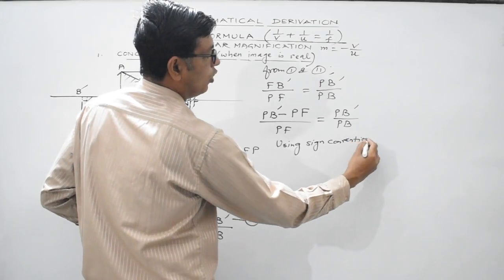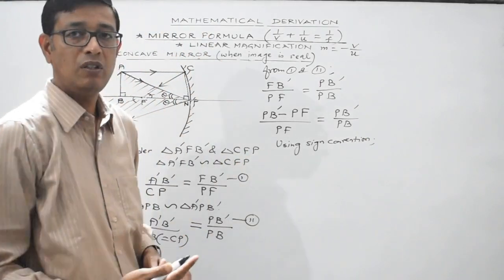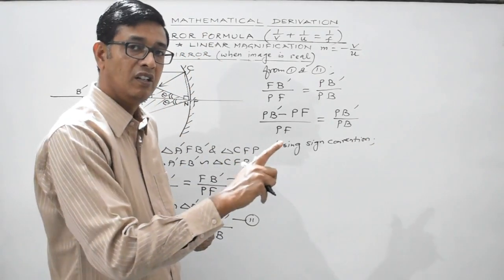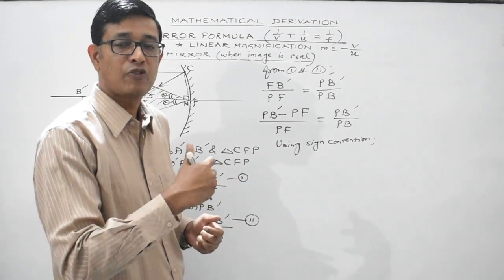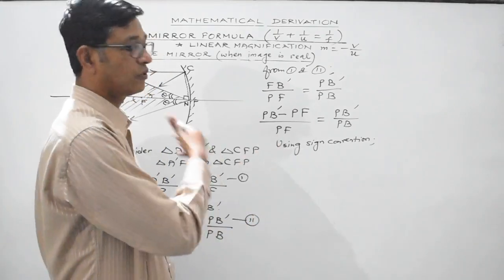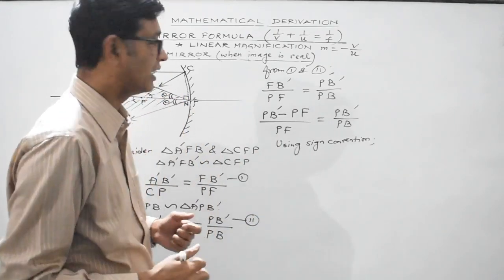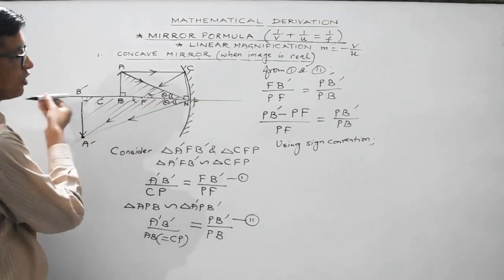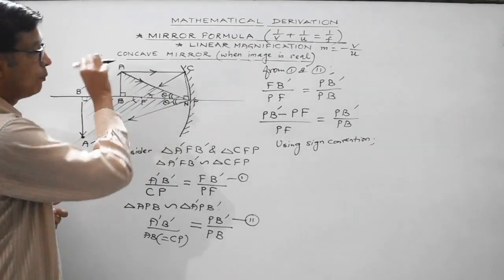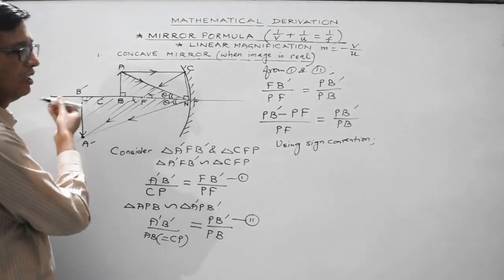I have told you all the distances measured from the pole along the direction of the incident ray are to be taken as positive, while distances measured from the pole of the mirror against the direction of the incident ray are to be taken as negative. This is the direction of the incident ray. So all the distances are measured from the pole in a direction opposite to that of the incident ray. So all are negative.